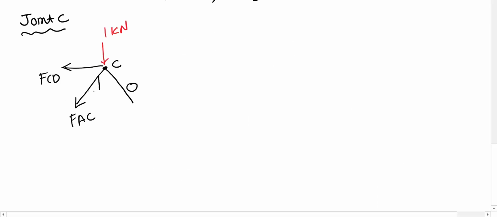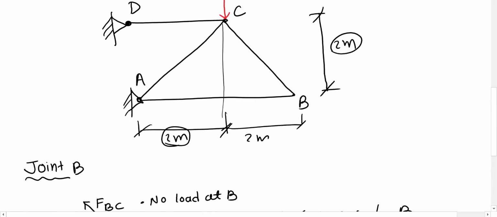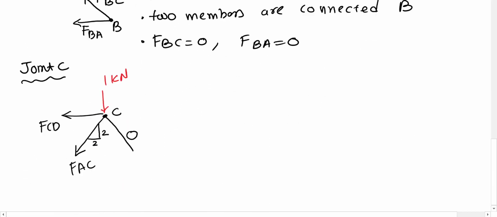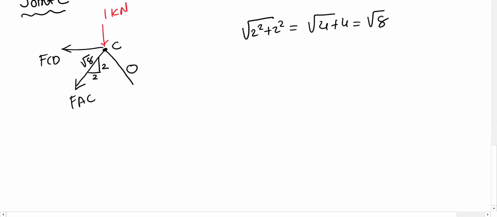Please note, this is a triangle with 2 meters and 2 meters high for this member. Then the diagonal is the square root of 8, because 2 squared plus 2 squared equals 4 plus 4, which gives us square root 8. Now we can redraw it without this zero member. So we have this force FCD, we have 1 kilonewton, and that is point C, and I just removed this zero-force member, and FAC is along the square root 8 diagonal.